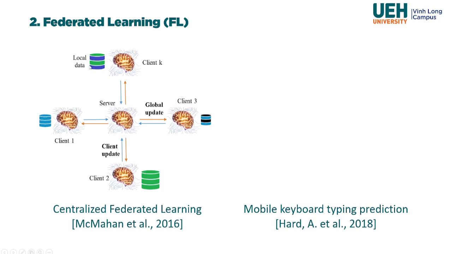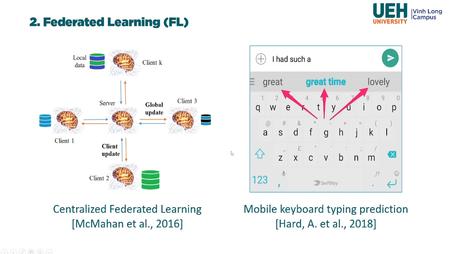Each client has their own data, and in the training process, clients don't need to send the data to the server. Instead of that, you send the model update. And then the server aggregates a global model and sends it to each client. The algorithm of the whole training process is in my paper, you can read.